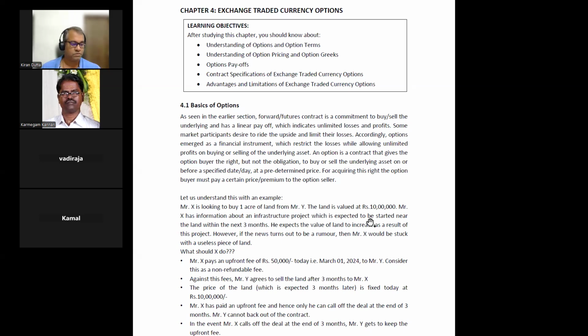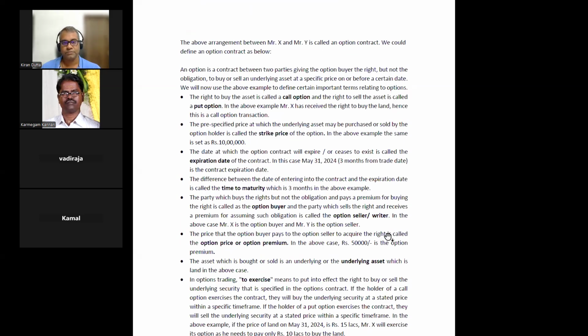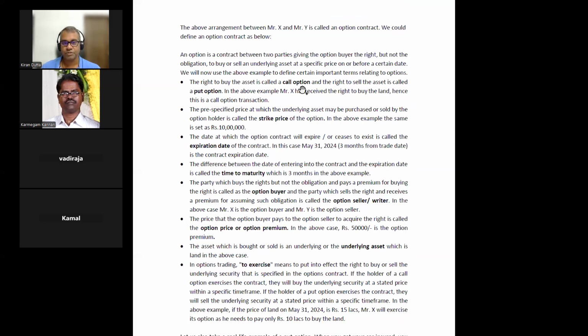And then we discussed call option, put option. Call is the right to buy and put is the right to sell. We discussed strike price, spot price multiple times.